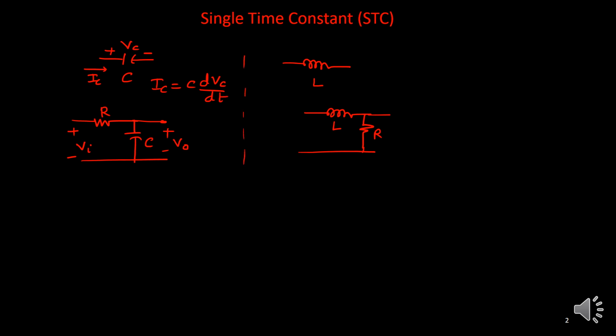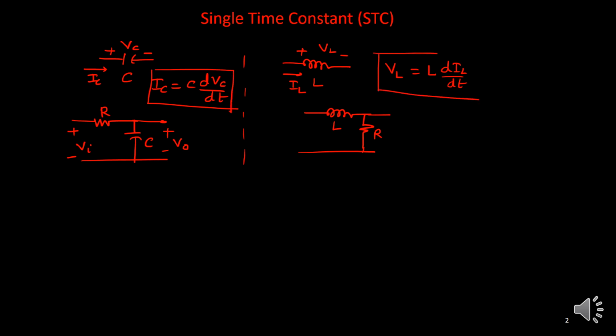Very similarly for the inductor, the voltage is VL and the current through it is IL, and VL equals L dIL/dt. These are the two basic relations. With the help of these two, we can find a differential equation to relate the output voltage to the input.